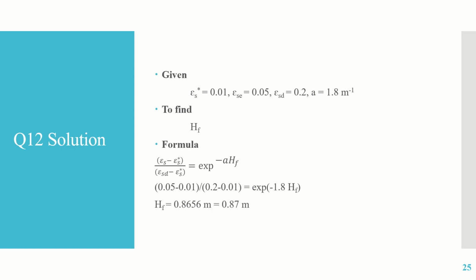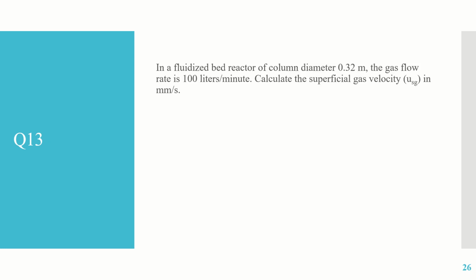We'll move on to question 13. In a fluidized bed reactor of column diameter 0.32 meter, the gas flow rate is 100 liters per minute.